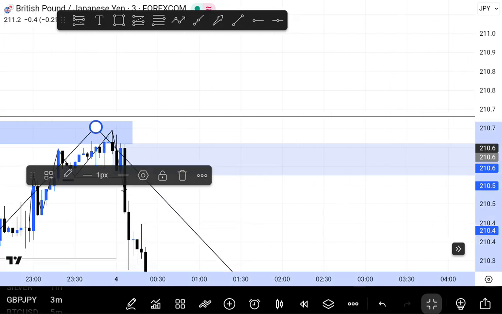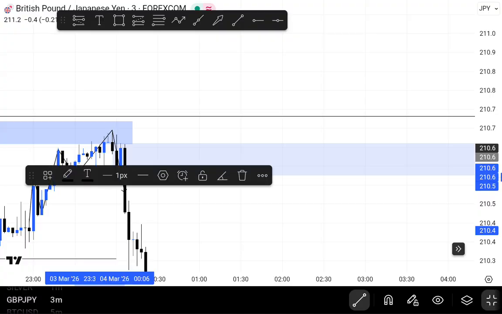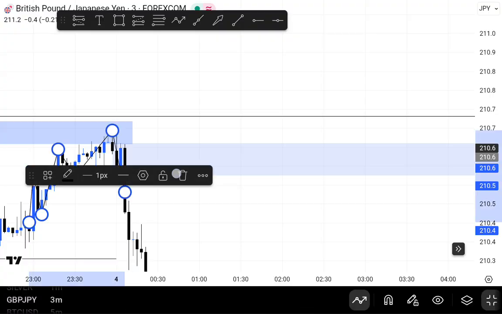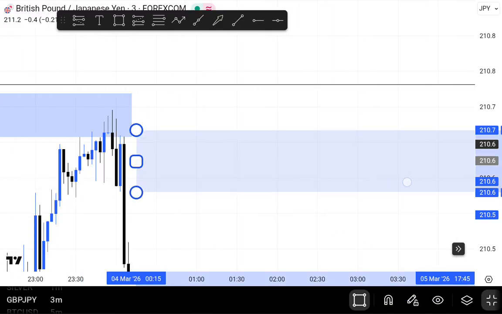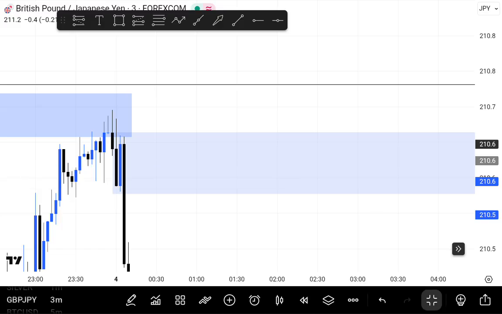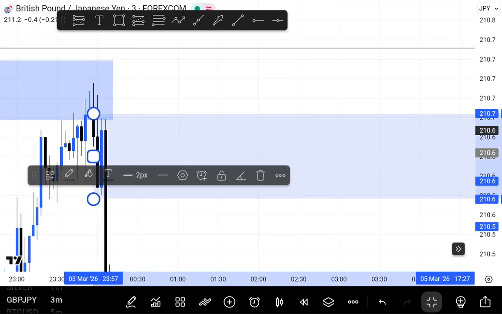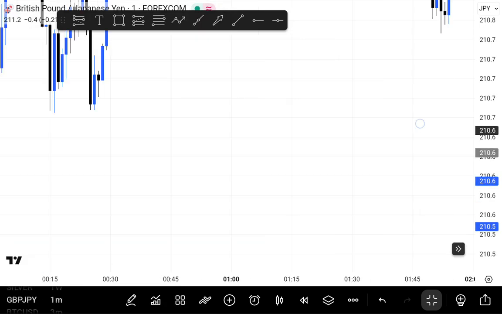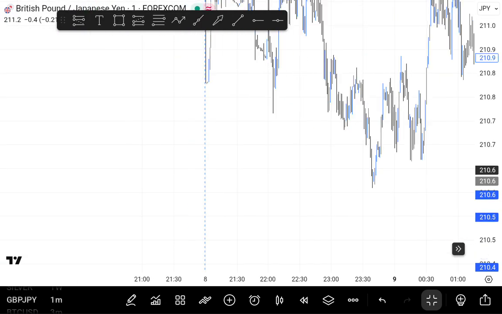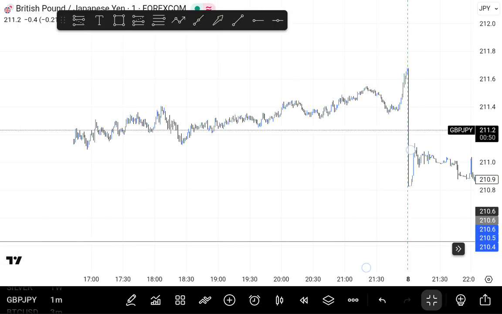Quickly delete all this. So clear that block as well here. So I was going to go to a lower timeframe to look for the mainstream.